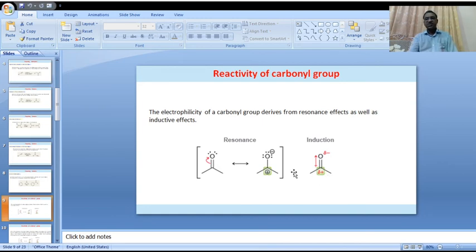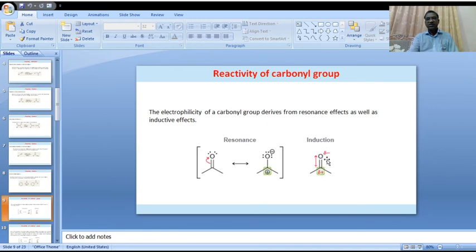Here please observe the structure and resonance structure formation. The highly electronegative atom oxygen attracts electrons.